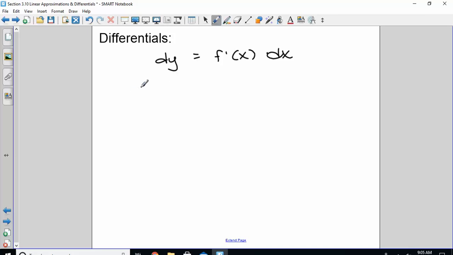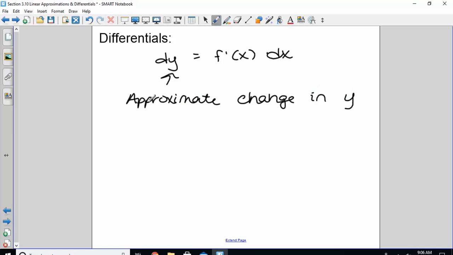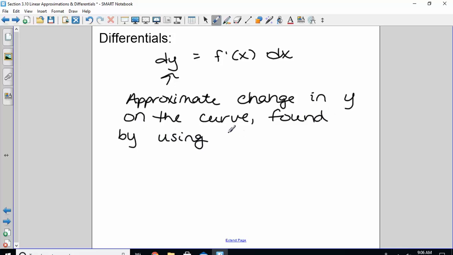So a differential dy is like saying the approximate amount that y would change.